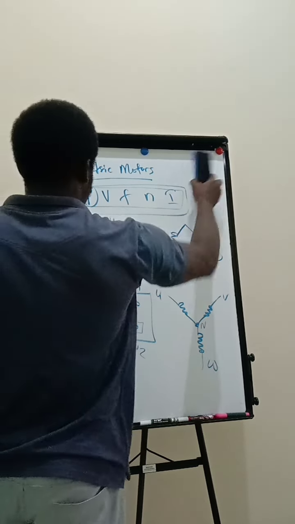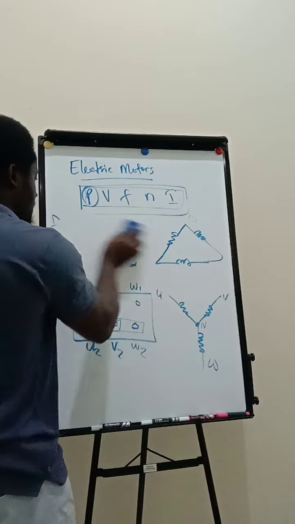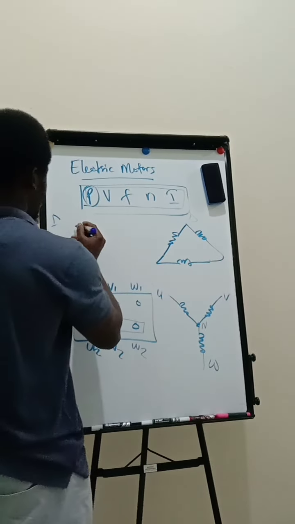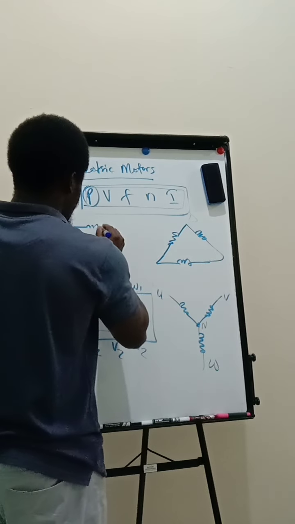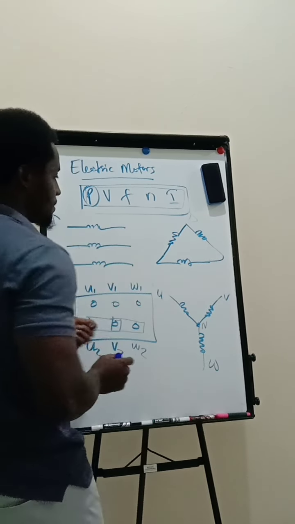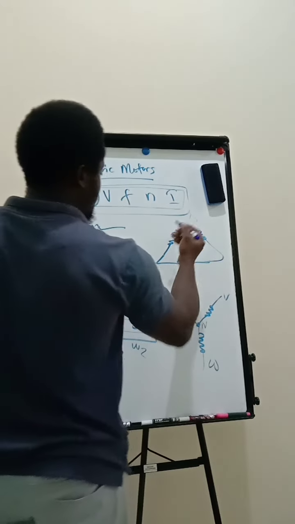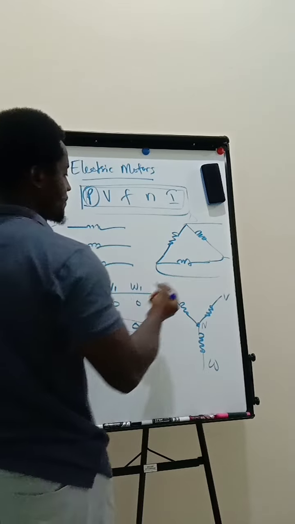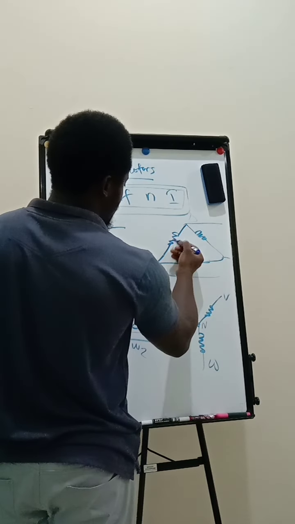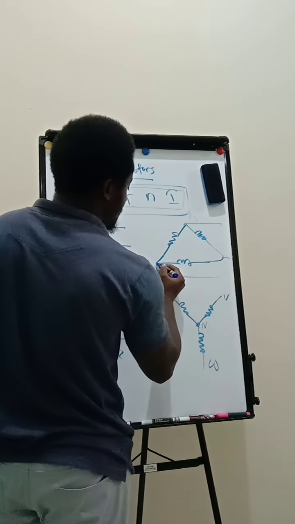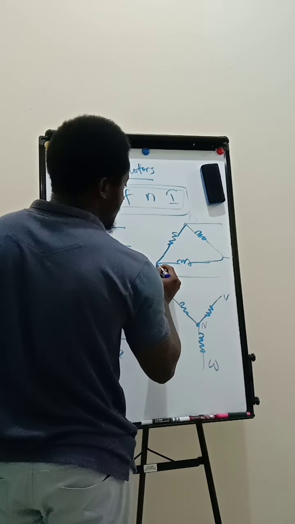So for delta now, how do we achieve this? For delta, we are going to have our windings as such. The start of each winding is connecting to the end of the next winding.